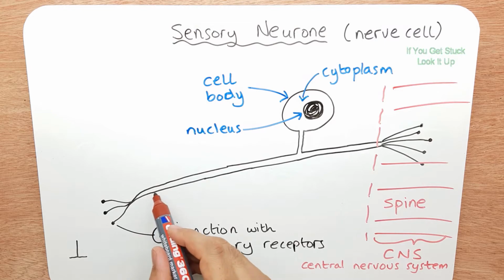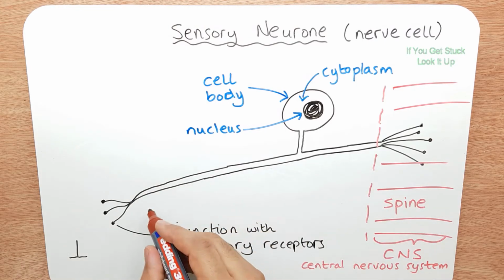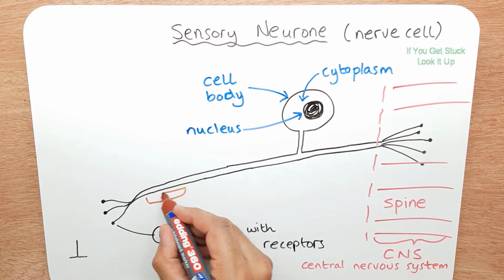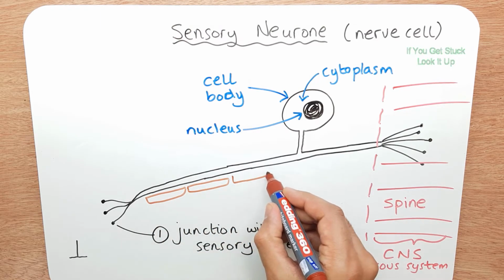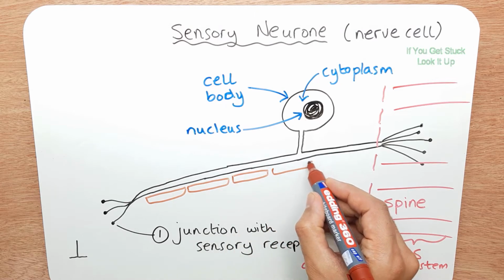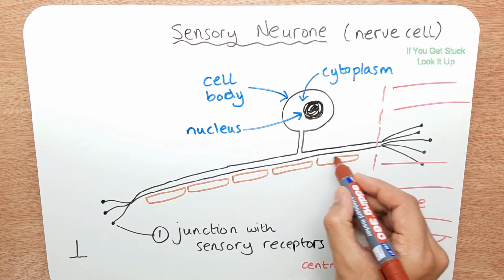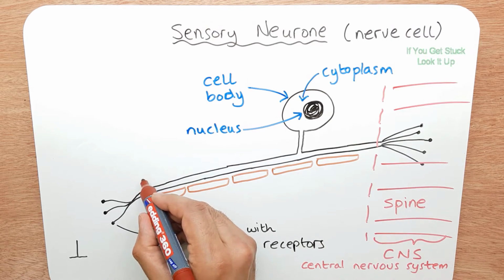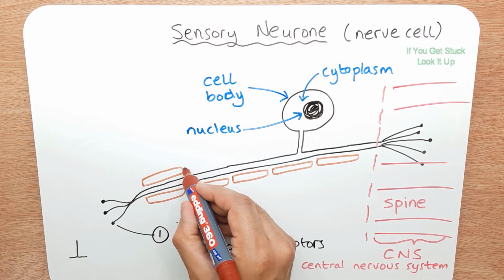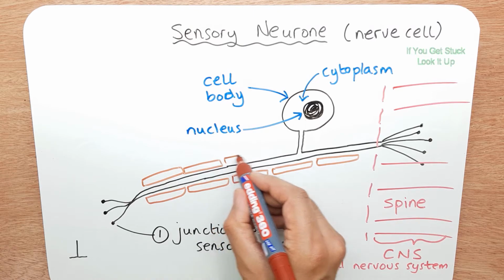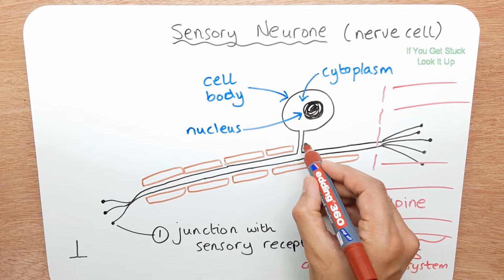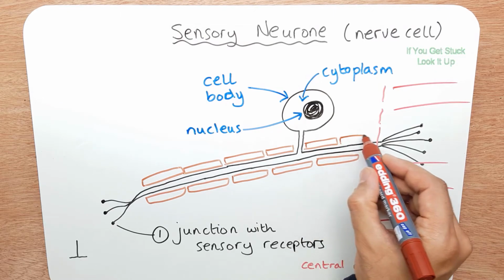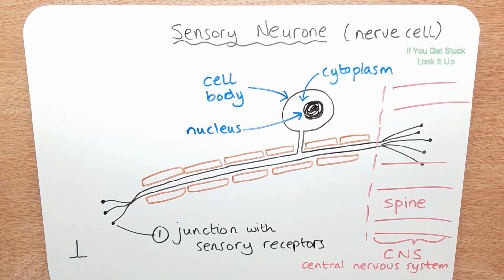Now, around each sensory neuron, you have a cover, like electrical wires do. And this is called the myelin sheath. It's made out of little cells that stop the impulses short-circuiting. So it's like a plastic cover that you have on electrical cables.